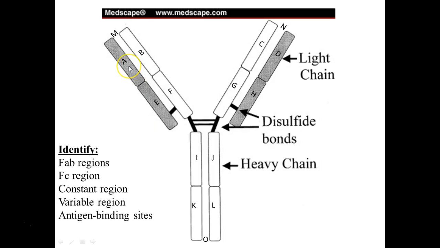So for instance, for A, that's the variable region, right, of the heavy or light chain, right? It's the shorter chain. It's also, right, associated with the antigen binding site on this side. This E represents the constant region of the light chain.